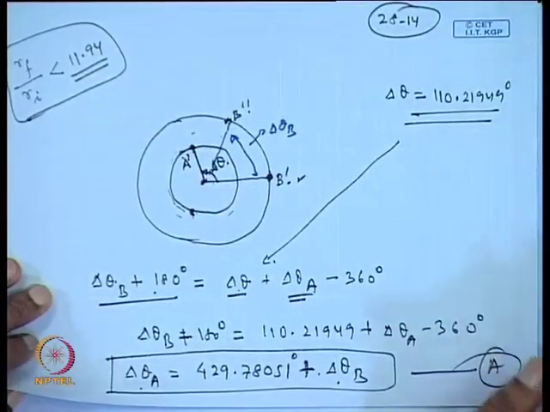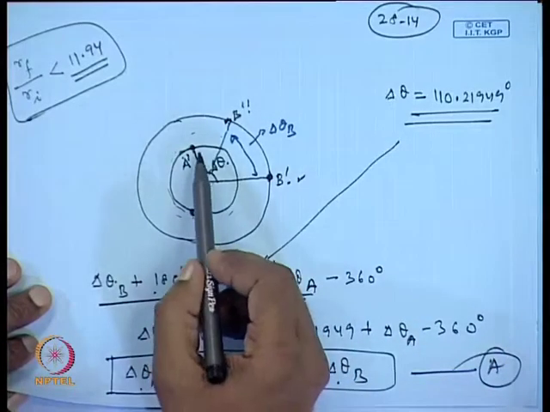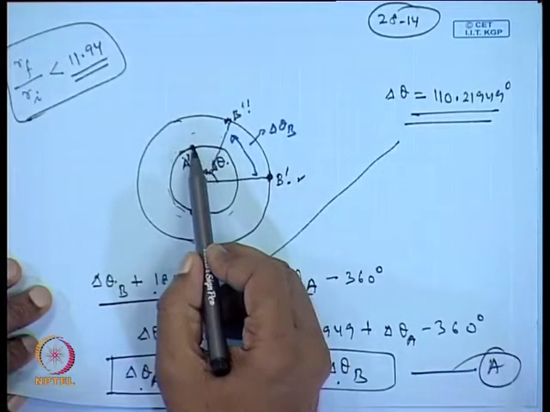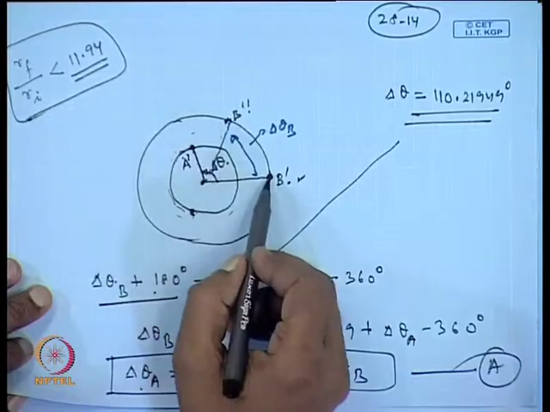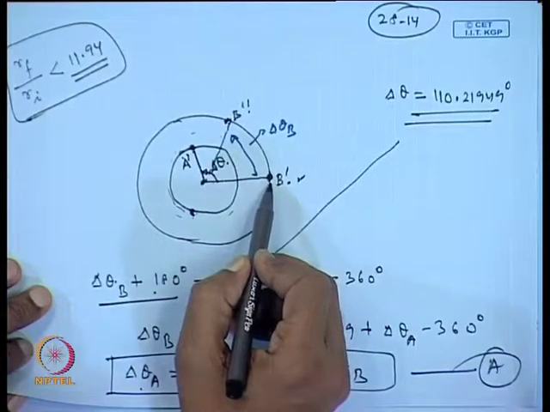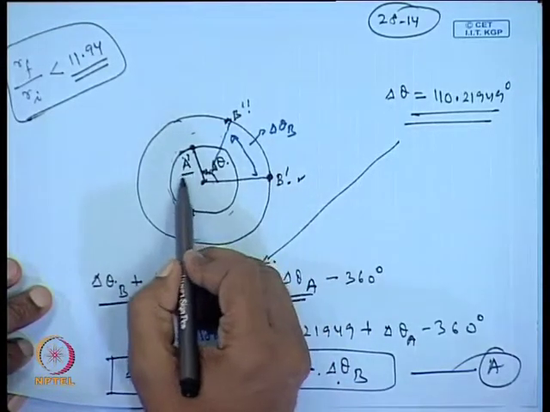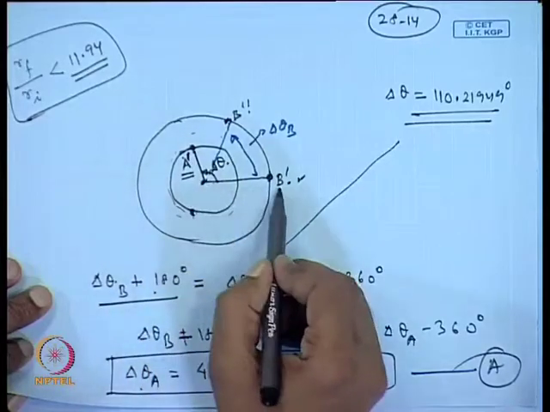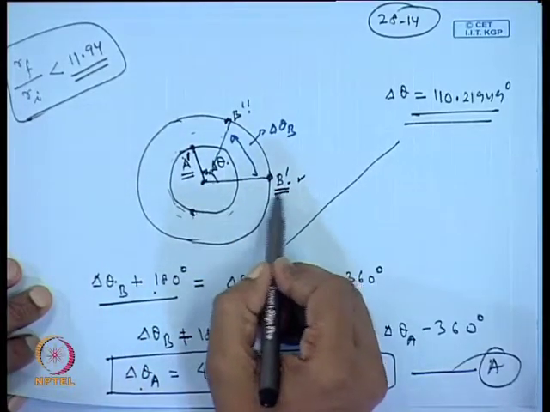So, once the satellite went from asteroid A to asteroid B, at that time the position of asteroid A was given by A prime and the position of asteroid B was given by B prime.